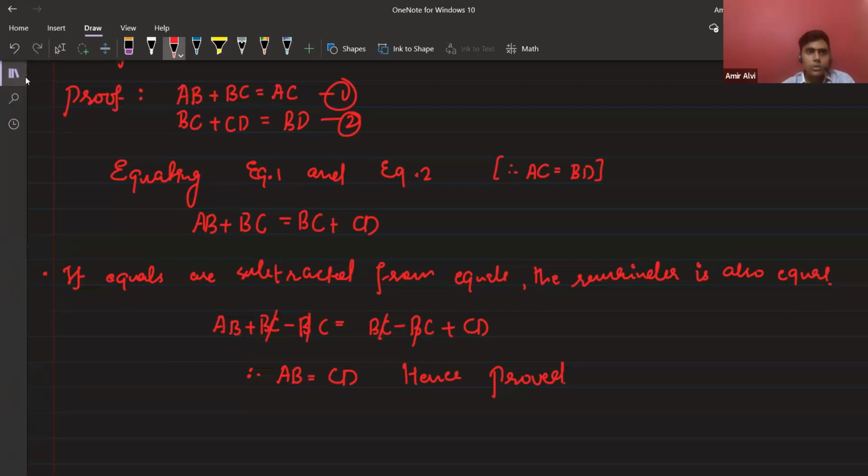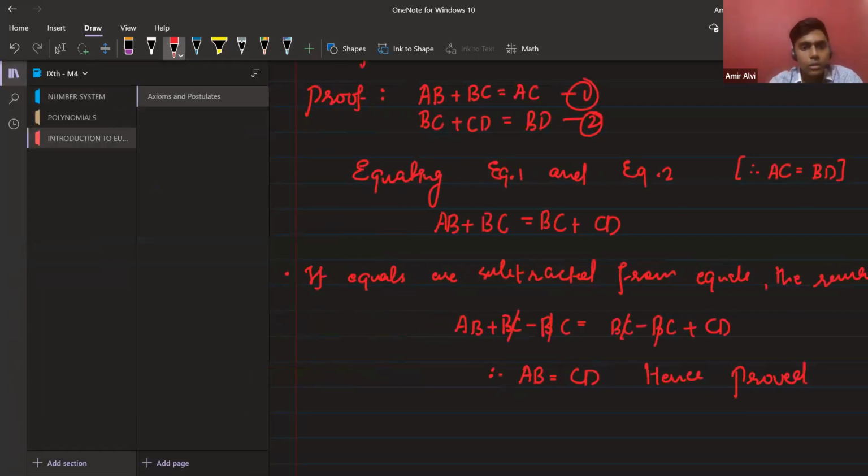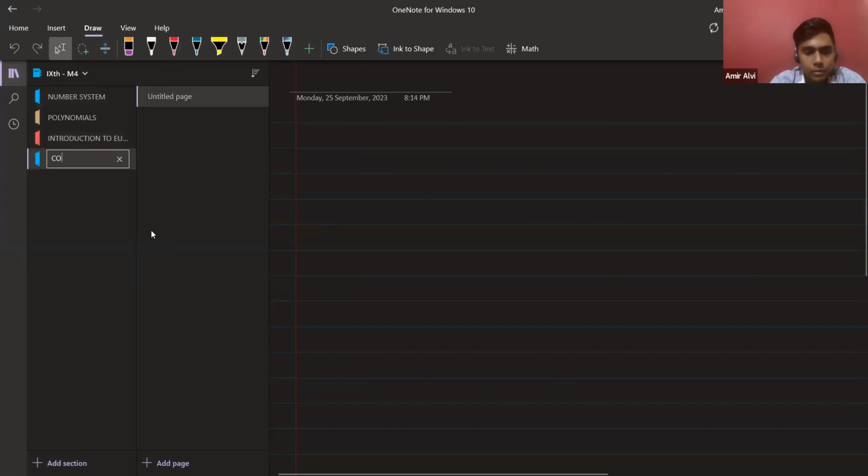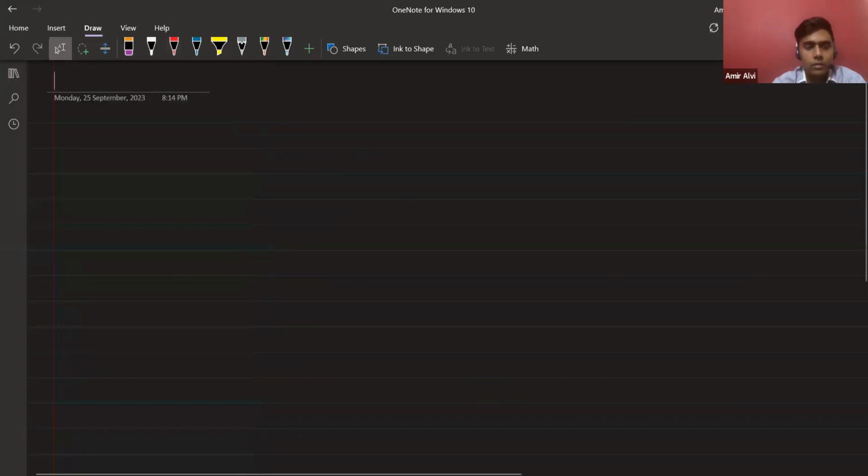Okay. Yeah. So let me write it down. The new chapter name: Coordinate geometry. Quadrants. Just a second, give me a moment, Simran.